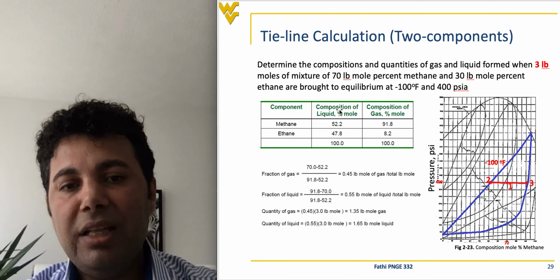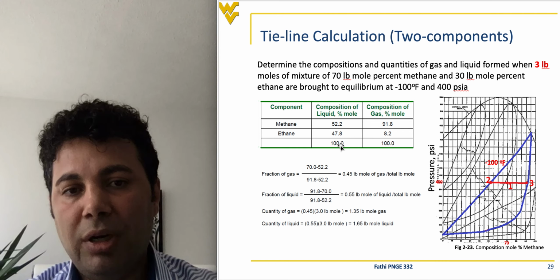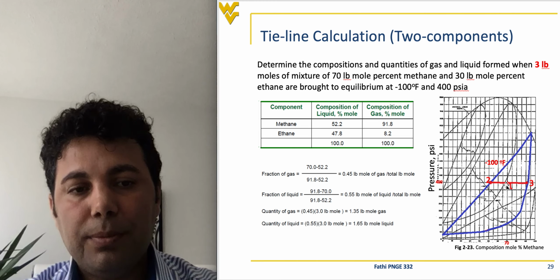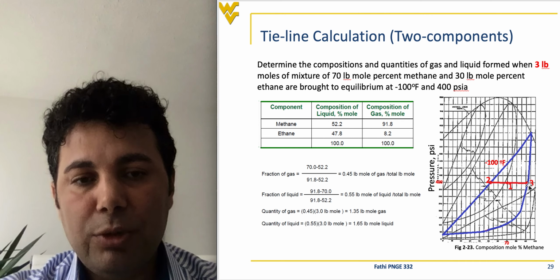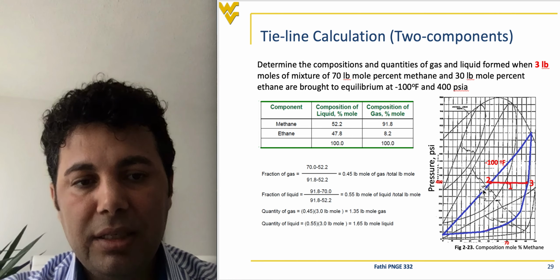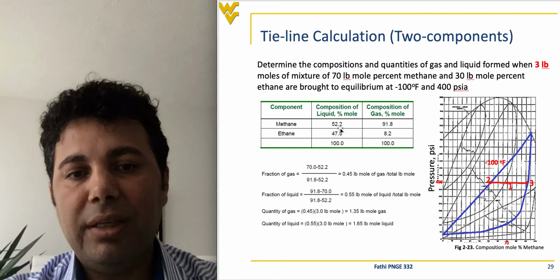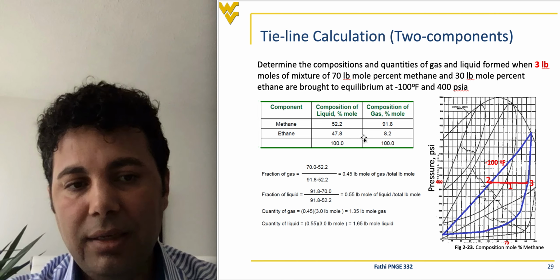And in the liquid, the composition should add up to 100. In the gas, it should add up to 100 as well. So point 2 is my saturated liquid, point 3 is my saturated gas. At saturated liquid, the amount of methane is 52.2, therefore 100 minus that, which is 47.8, is the composition of the ethane.